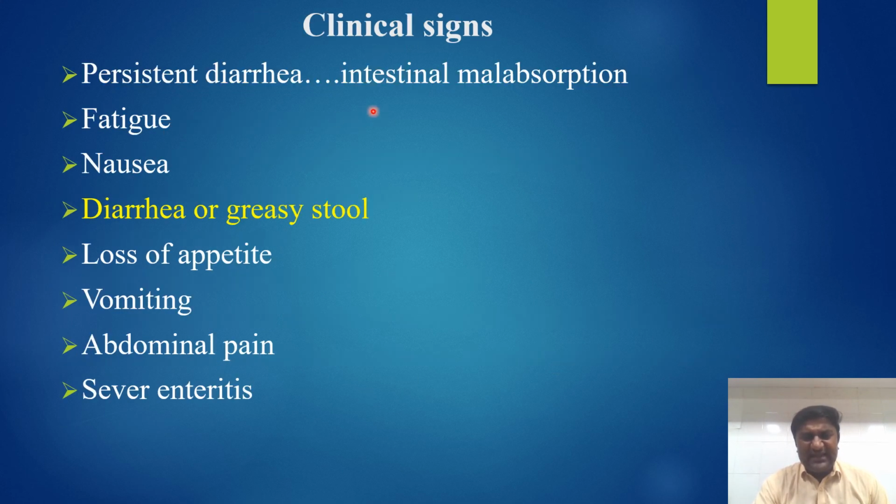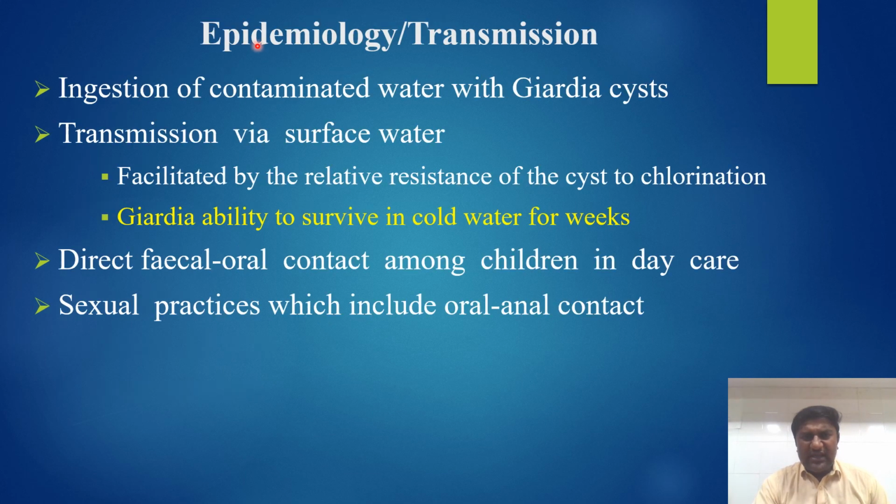The clinical signs are persistent diarrhea, intestinal malabsorption, fatigue, nausea, diarrhea with greasy stool, loss of appetite, vomiting, abdominal pain, and severe enteritis. For epidemiology and transmission, infection occurs by ingestion of water contaminated with Giardia cysts.